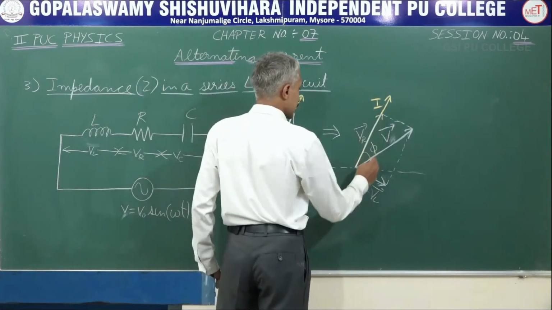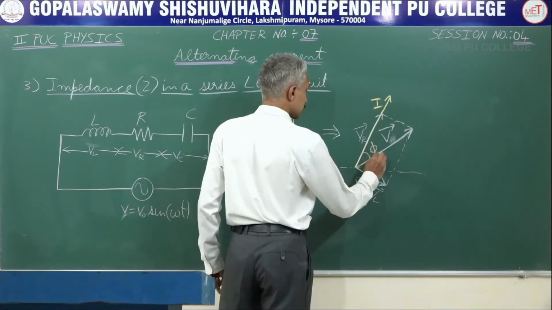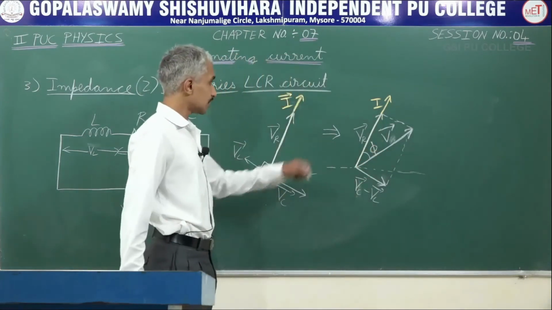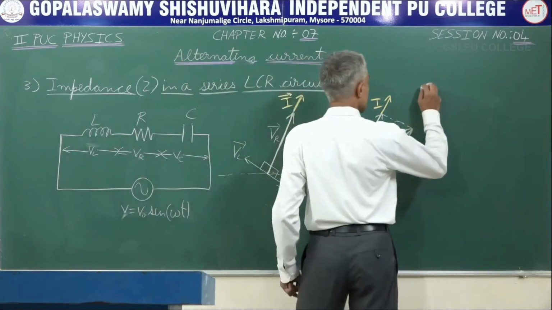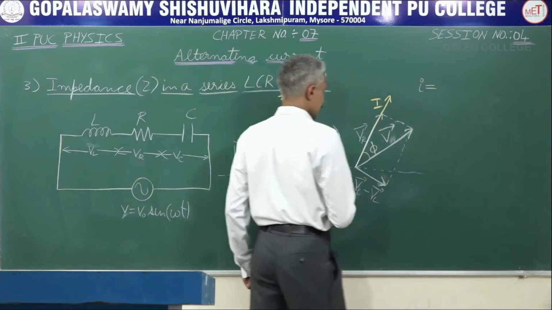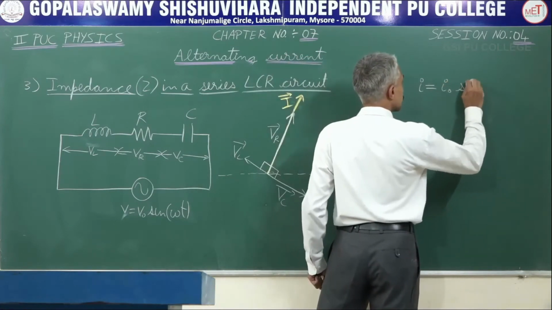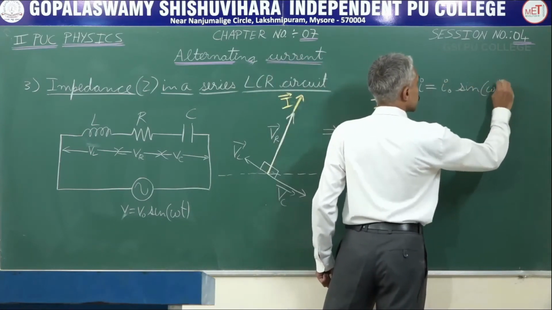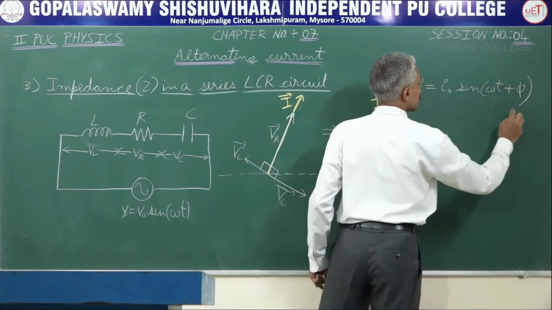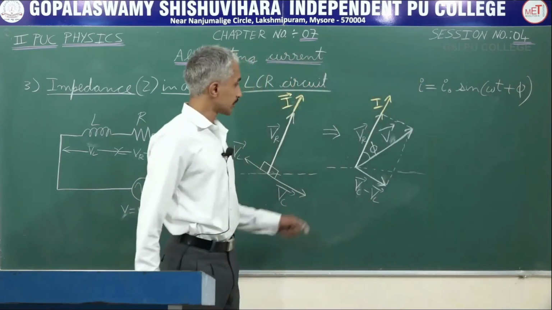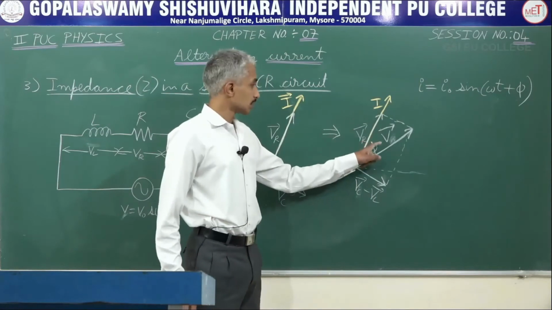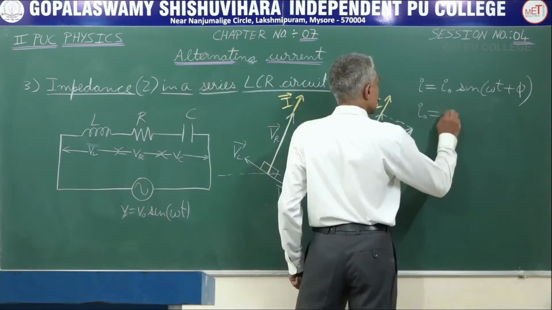The voltage and current have a phase difference of phi between them. We had derived the formula in the previous session where the current in the circuit is given by I is equal to I naught into sine of omega t plus phi. Phi is the phase difference between the current in the circuit and the voltage of the source.